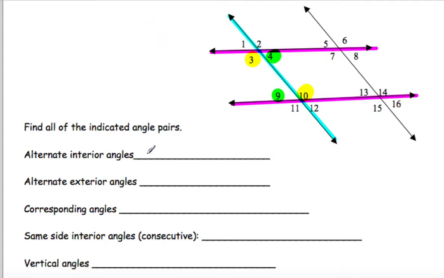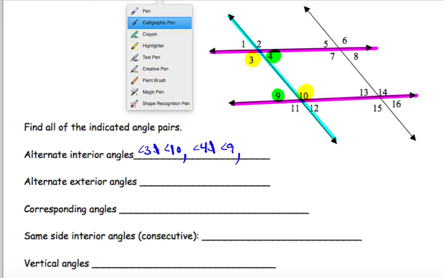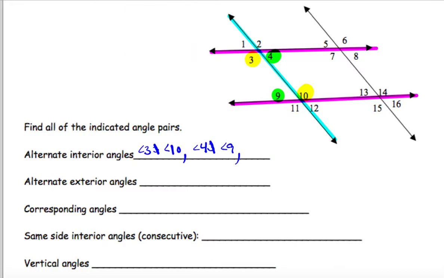So I'm going to list those. 3 and 10, angle 4 and angle 9. If I then go to the other transversal over here with the pink lines, then it has 7 and 14 and 8 and 13 as another set of pairs.